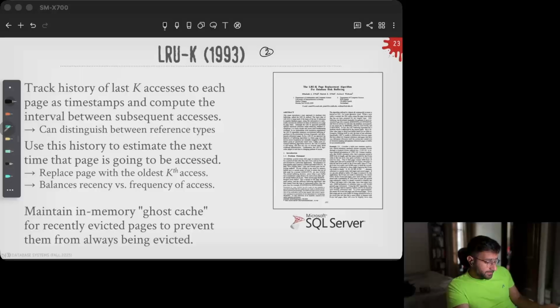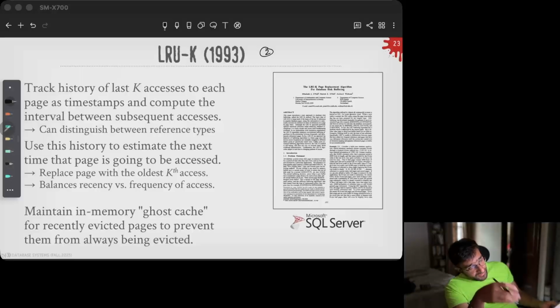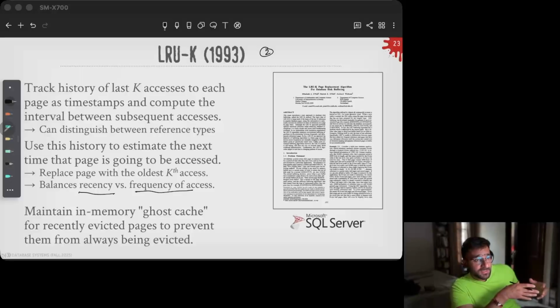What LRU-K tries to achieve is to strike a balance between recency and frequency of access. With timestamps, you are giving some sense of when a page was accessed, and by maintaining K timestamps, you are giving some sense of how many times the page was accessed.